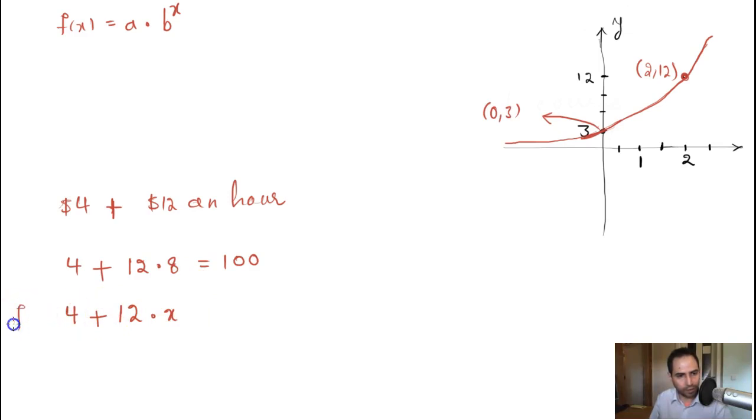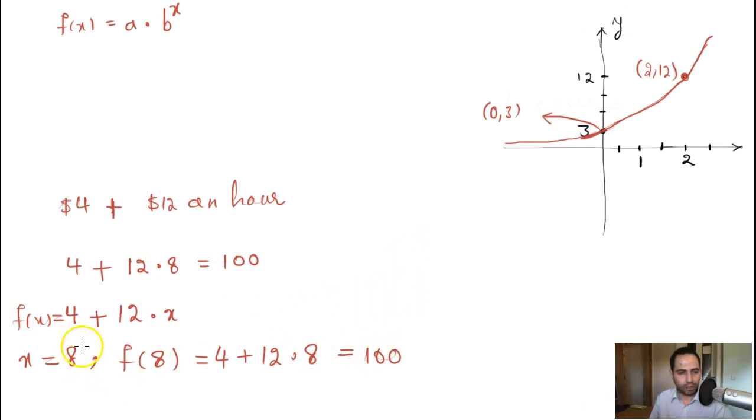Let's call this f of x. And if you work for 8 hours, then x is equal to 8. So f of 8 is equal to 4 plus 12 times 8, which is again the same thing, equal to 100.